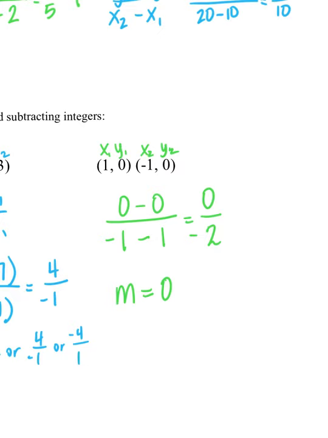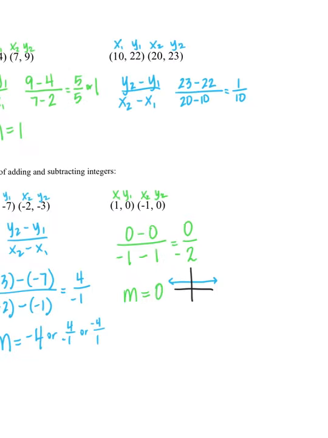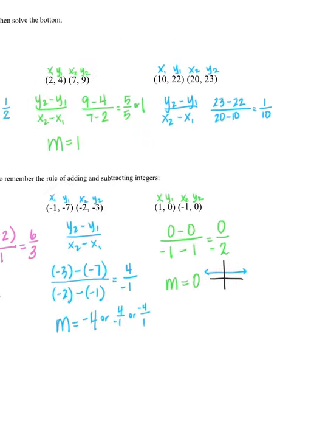A 0 slope is going to be a horizontal line, and it's going to go through the y-axis, I'm sorry.